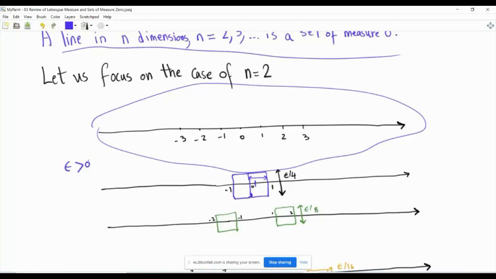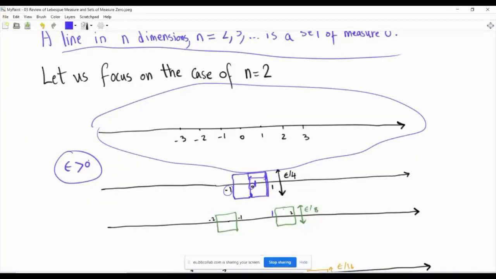So this width is 1, this width is 1, and this height is epsilon over 4, where epsilon is some chosen positive number. I will do the same to cover this part from -1 to 0. Now, for the interval from 1 to 2 and from -1 to -2, I will cover it with a rectangle.